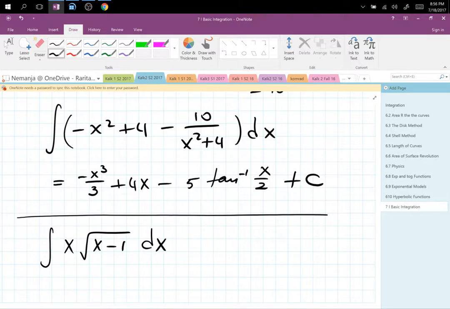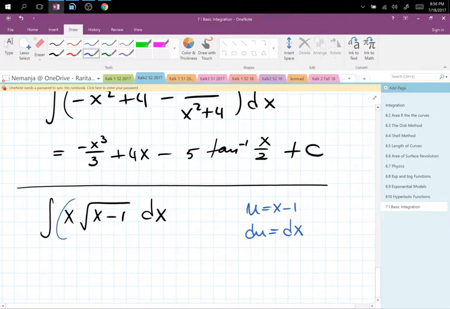We just set u equals x minus 1. Very good. So du is? du is equal to dx. Good. So what am I going to do with the extra x over here? If you want to do u plus 1 equals x. Nice. x is u plus 1. That's called the back substitution.